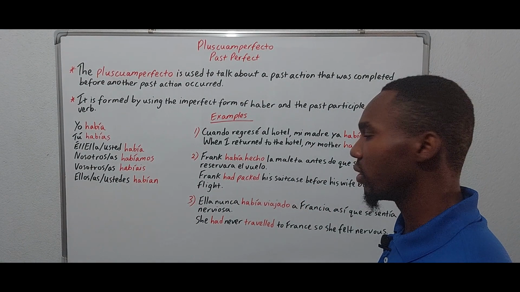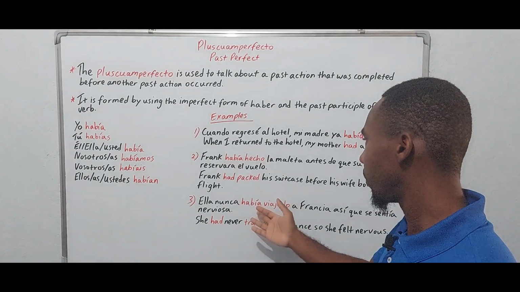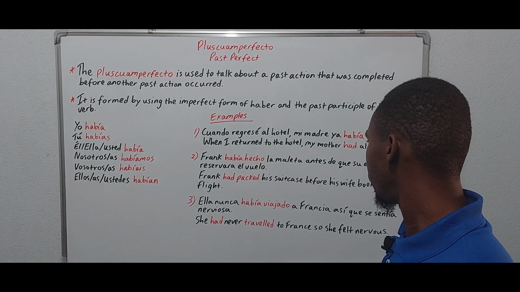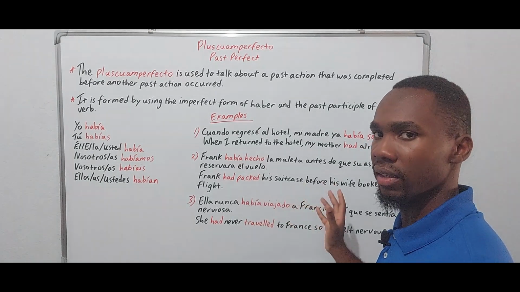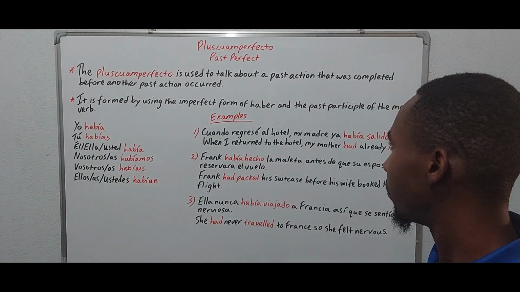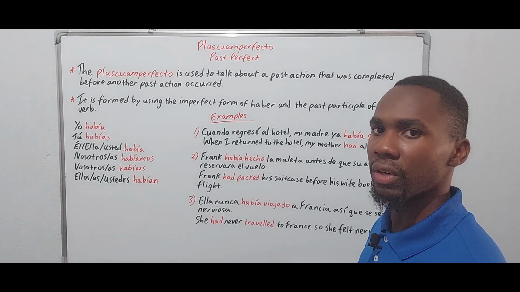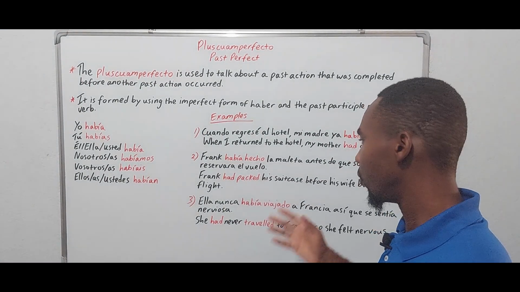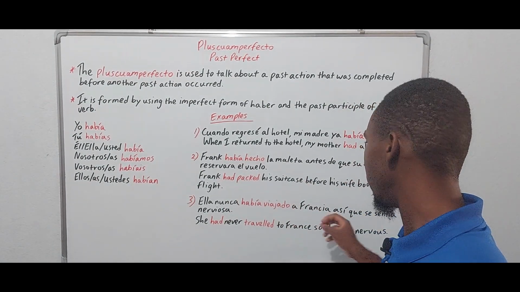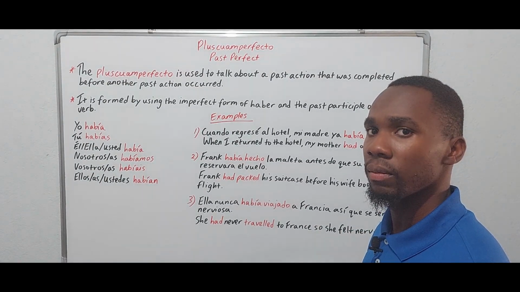So this is more giving background details, but we would use the past perfect here. Because it is an explanation, but it's in the past. So she had never traveled to France. So that was why she felt nervous. So these are background details that explain why she felt nervous.